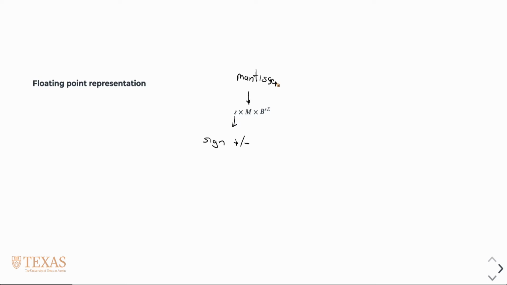That is the floating point representation of a number that will then be multiplied by the base. This is usually 2, but sometimes it might be 10 or 16, depending on the computer architecture. And then again, we have a sign and an integer exponent.